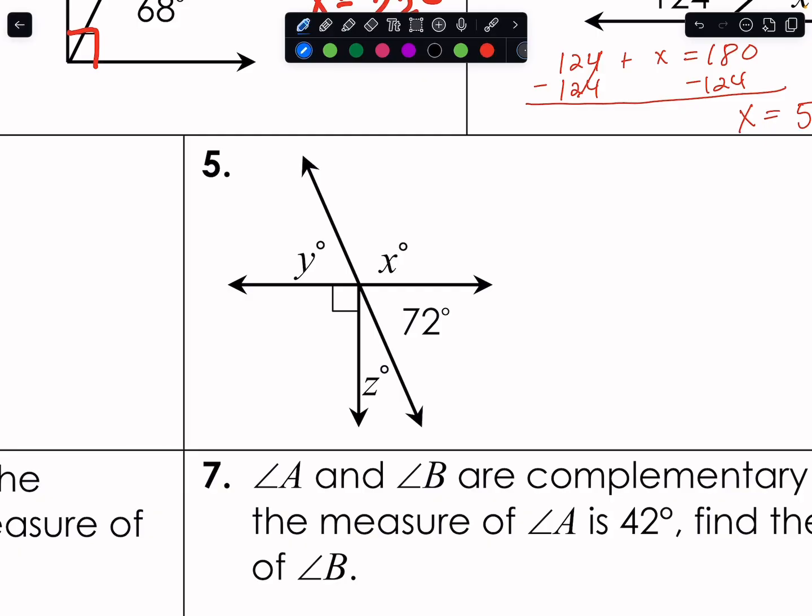Let's change the color. All right. So we got to find x, we got to find y, we got to find z. All right. Well, if I know this is 72, but this is a linear pair, that means that x plus 72 is going to equal 180 degrees.